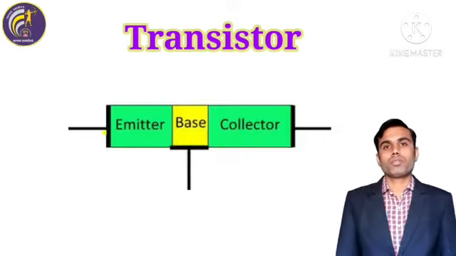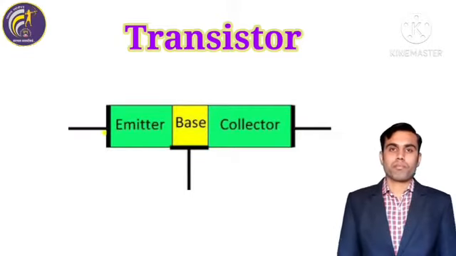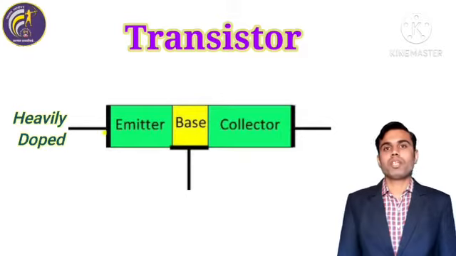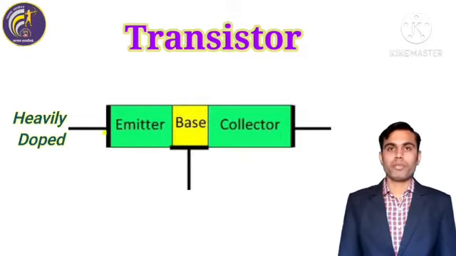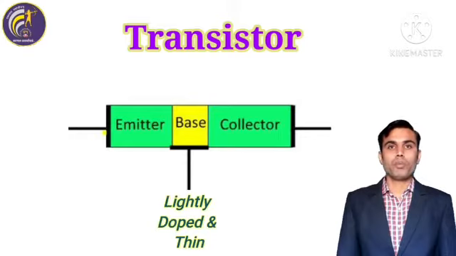Now if we distinguish between emitter, base and collector, we can see the emitter is the most heavily doped region. The doping level is the largest of the three for the emitter. The base is lightly doped and it is the smallest region of the three.